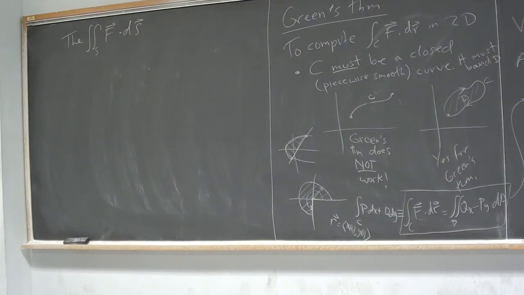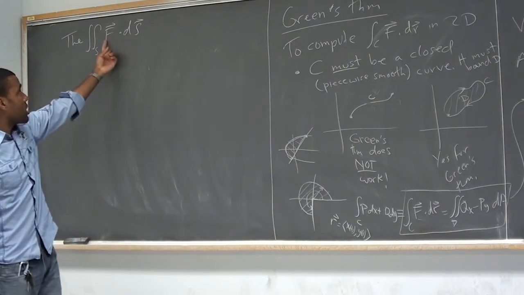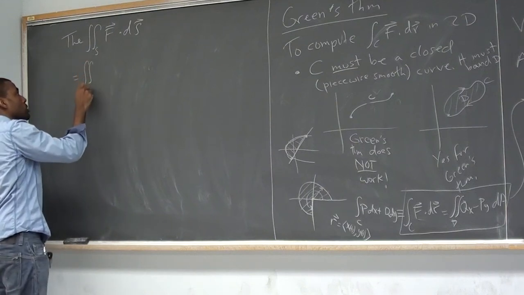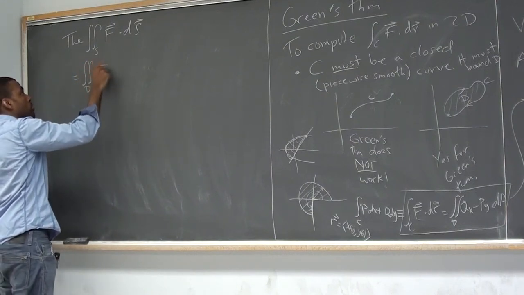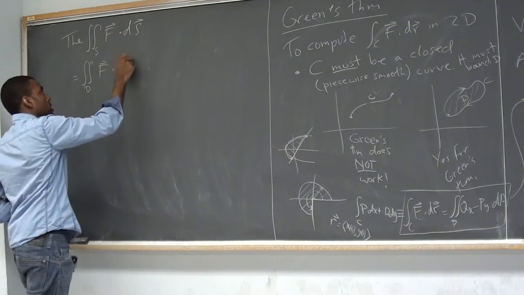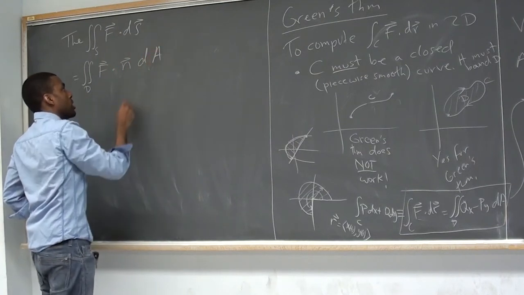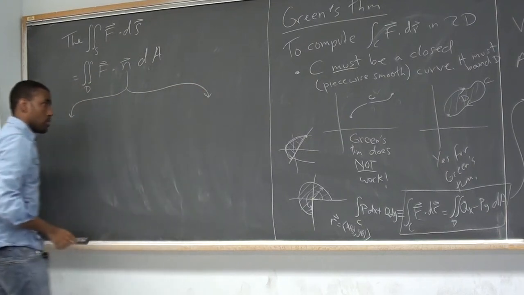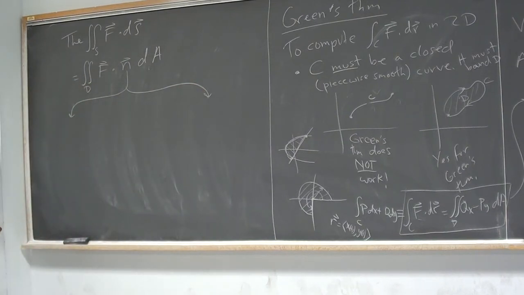If you're looking at this, which is the same sort of integral, except instead of F you have curl F, remember we said it was equal to F dot n dA. And you can compute your n in two different ways, based on what situation you have.